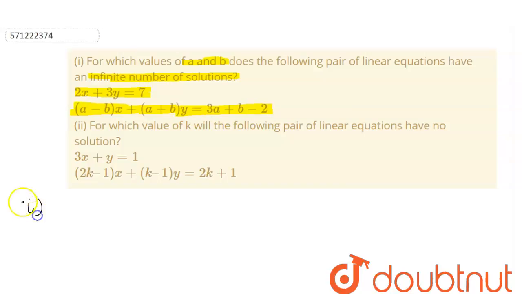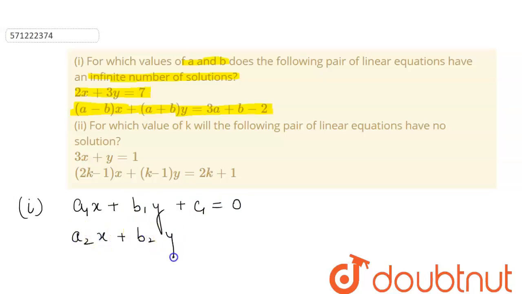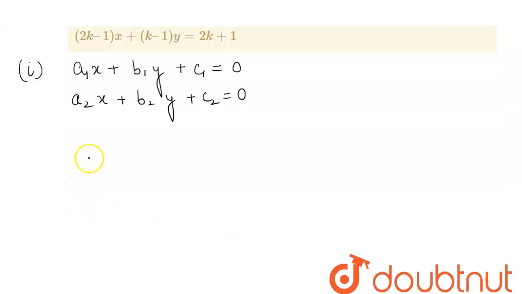Now for our first part, if we have two equations as a1x plus b1y plus c1 is equal to 0 and a2x plus b2y plus c2 is equal to 0, then for two equations to have infinitely many solutions, the ratio a1 by a2 should be equal to b1 by b2 and should be equal to c1 by c2.